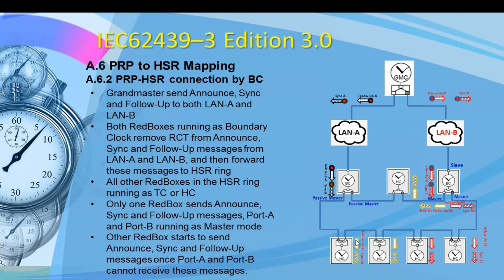This hybrid clock forwards the message from the A direction, but this hybrid clock forwards the sync and follow-up message from the B direction, because this distance is shorter than this side.